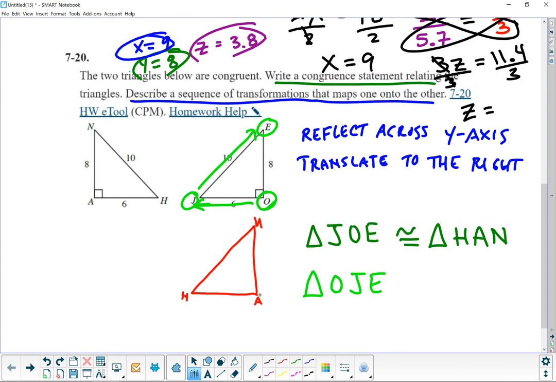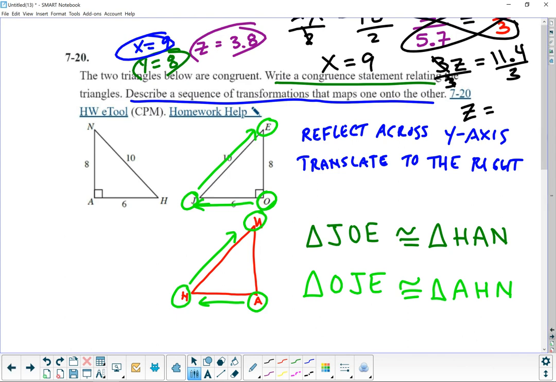You see how it's that order. I have to go in the same order. So it's congruent to triangle A to H to N. See how the arrows are in the same order. So A, H, N. There are different ways you can do it, but these are just two different ones. So that's my congruence statement.